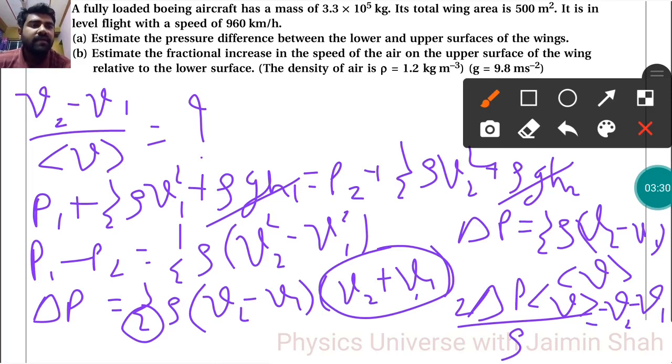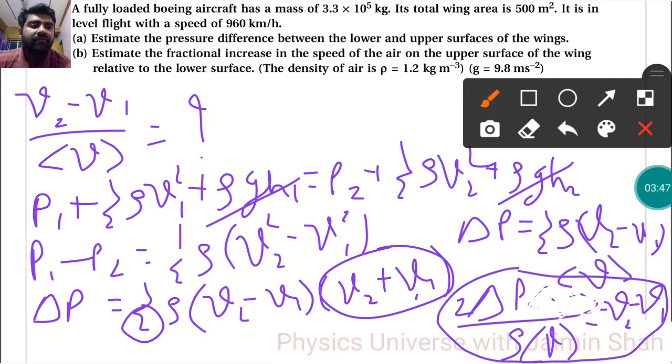Average v will be on the downside of the equation, so here it is not in the numerator, it is in the denominator. Again, I am writing this formula: 2ΔP upon ρ times average v is equal to v2 − v1.